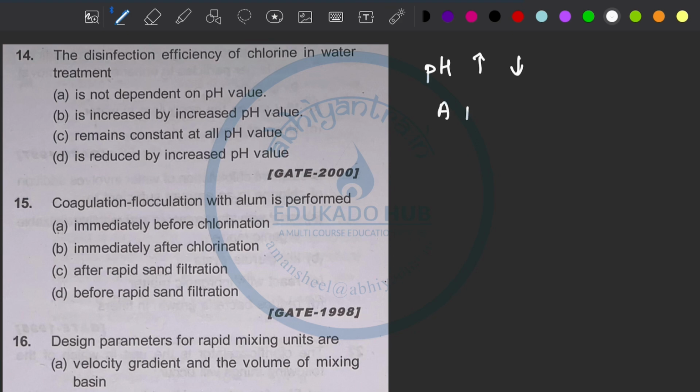At pH, as I have already discussed, at pH less than 5, chlorine doesn't react with water and remains as free chlorine, not reacting.